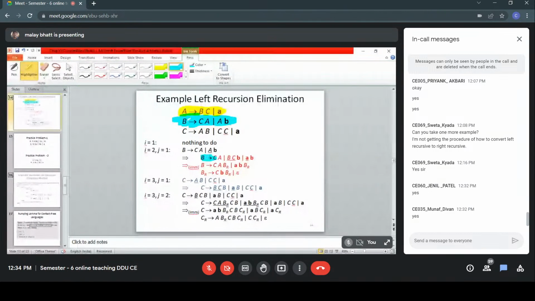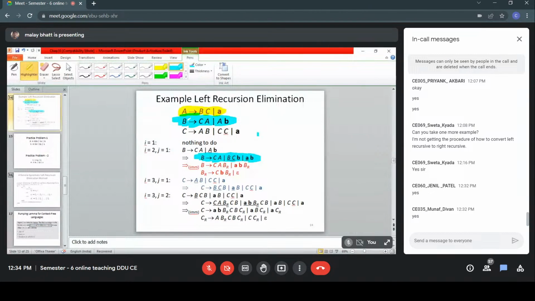I am replacing A with BC, and then BC A B, because the second alternative for A is A. So AB, the second alternative. Is it clear? It is very simple. In the first step, we cannot do anything as there is no previous rule.